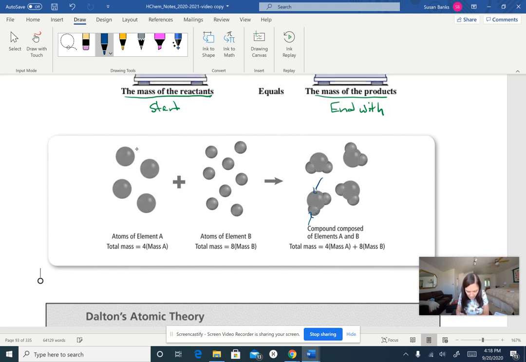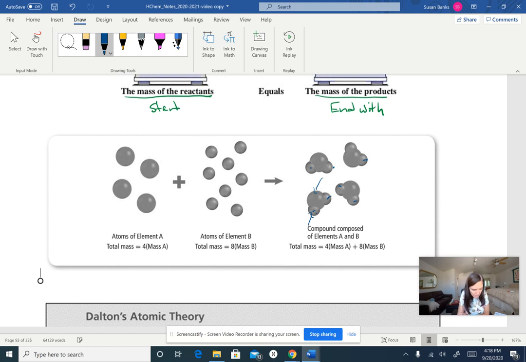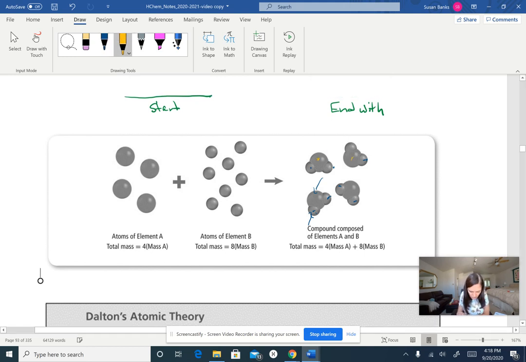I still have 1, 2, 3, 4, 5, 6, 7, 8 of element B. And I still have 1, 2, 3, 4 of element A. They're rearranged. The mass is still going to be the same, though.